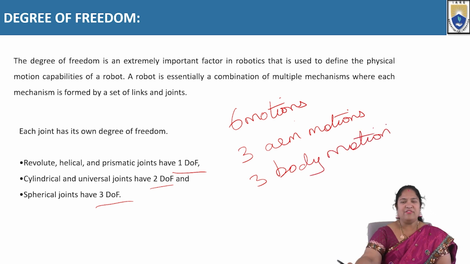Generally, for any particular robot, we have 6 motions occurring, where 3 are the arm motions and the 3 are the body motions.